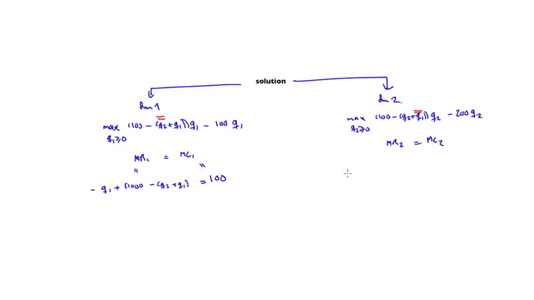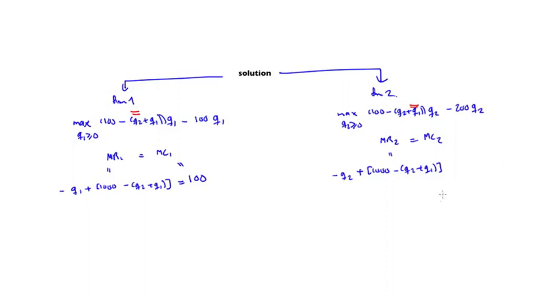And here what you get is minus Q2 plus 1,000 minus Q2 plus Q1, this is the marginal revenue in this case, equals 200, which is equal to the marginal cost in this case.